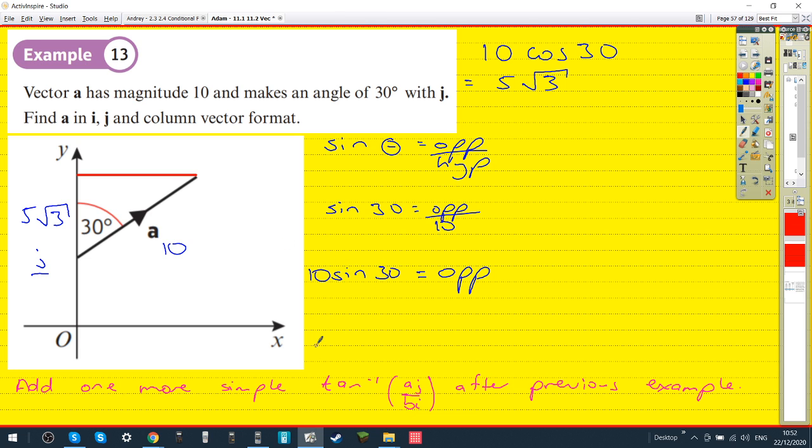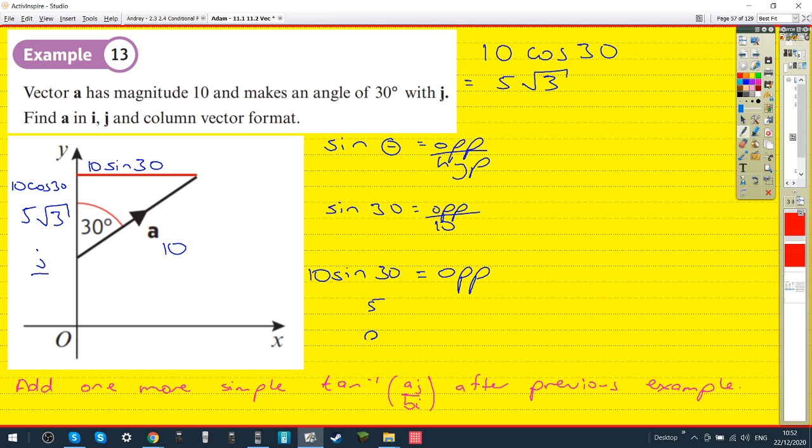So it would be 10 sine 30. So going up was 10 cos 30, going across was 10 sine 30. Which is 5. So i is 5. So the i direction is 5.